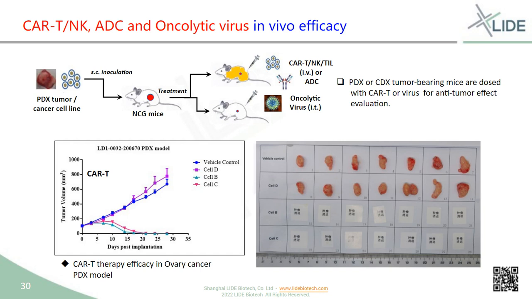So next, I will briefly introduce our humanized models with effector immune cells. Besides PBMC, we also used novel CAR T cells for tumor curing in solid cancer. Here you will see some CAR T cells really did a great job, and here is the imaging for the tumor size.